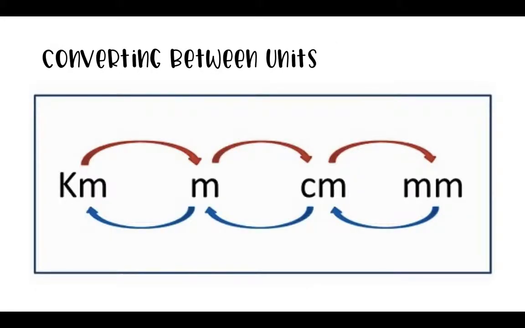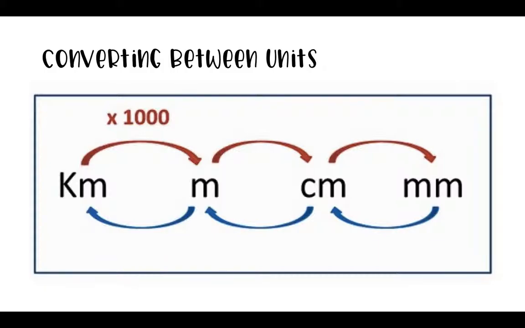Now, we're going to look at converting between units. We're going to look at converting from kilometres to metres, metres to centimetres, centimetres to millimetres, and then back the other way. If we want to work out kilometres to metres, we're going to multiply by 1,000 because there's 1,000 metres in 1 kilometre.